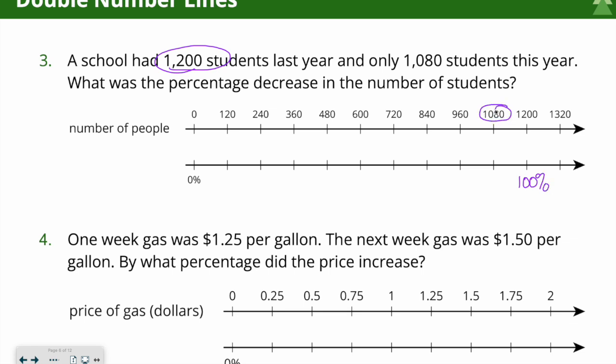Here's the 1,080 for this year. We have 1, 2, 3, 4, 5, 6, 7, 8, 9, 10 hops. So 100 divided by 10 means each of these hash marks counts for 10%.